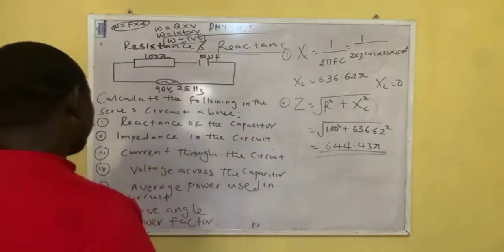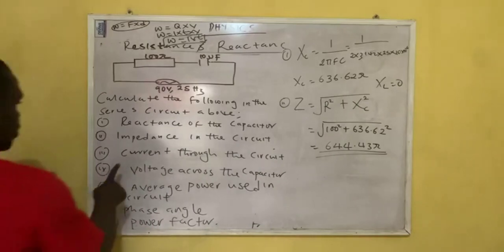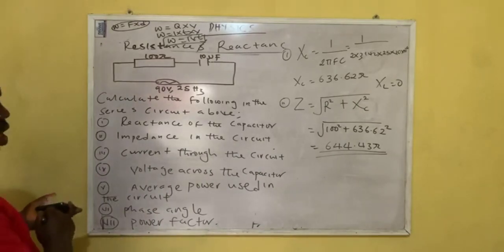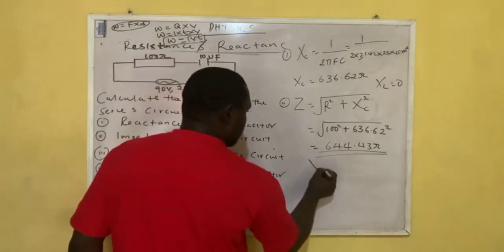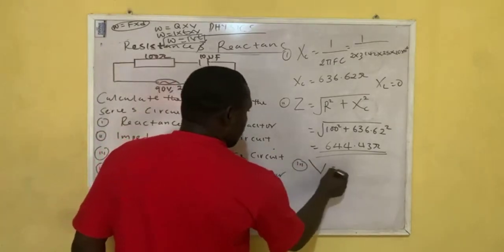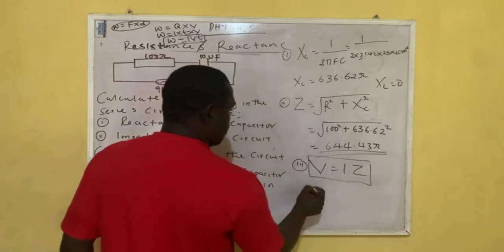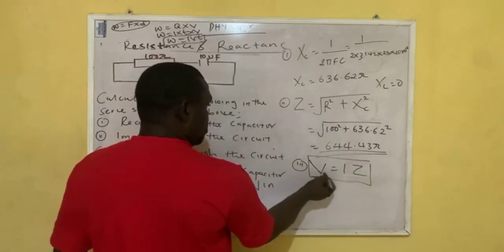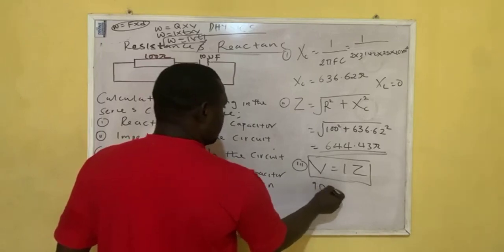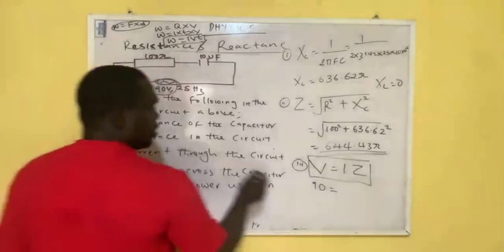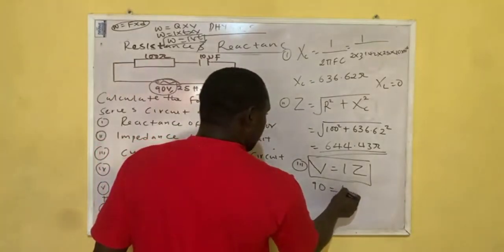Do not forget that. Number 3, we are told to find the current through the circuit. I think that's straightforward. I explained this to you. We already know this is 90, given in the circuit, and I is what we are looking for.